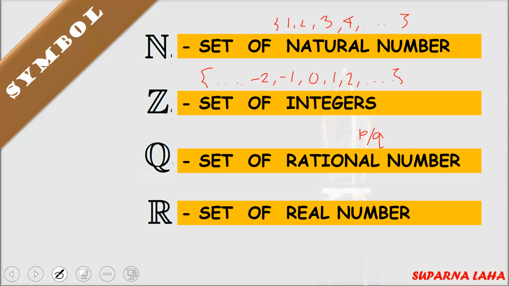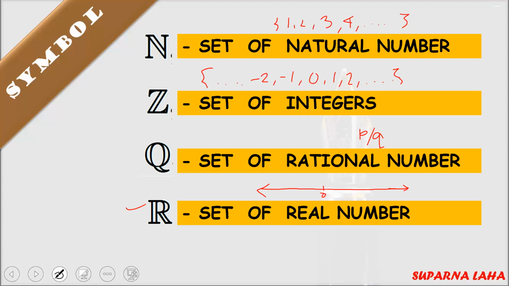That means all numbers present on the real number line. In the real line, all the numbers we will represent by this symbol R. So these are some special kinds of sets and their symbols.